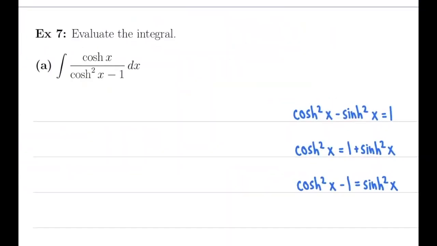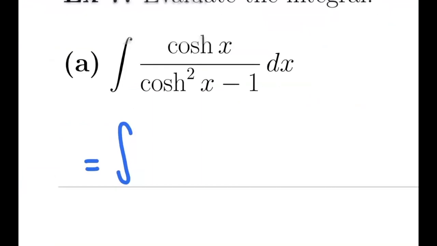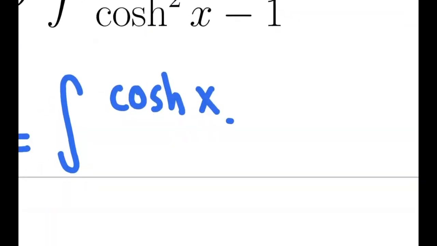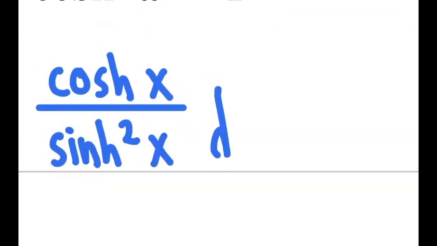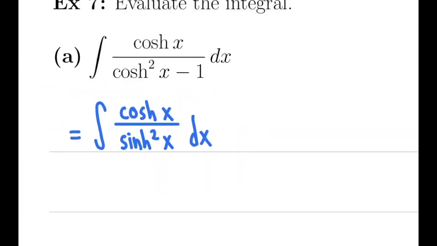So I'm going to replace cosh squared minus 1 with sinh squared. This equals the integral of cosh over sinh squared dx. That looks a little cleaner. Now what are we going to do? So we have cosh over sinh squared.